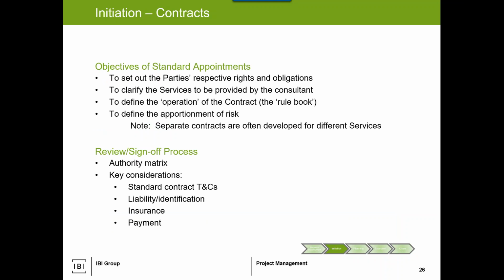So objectives of the contract, and this is what we talked about last week a bit. The rights and obligations of each party, what services are to be provided, and how we're to do it, and then appropriation of risk. Now, those first three bullets I think are very important, because this is where the BIM contract appendix kind of feeds in.